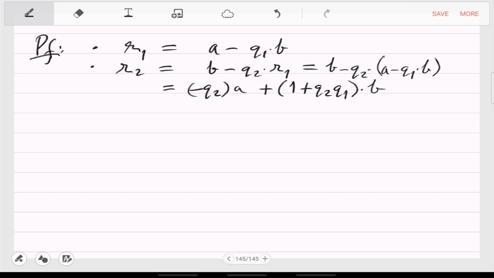And so on. So ultimately you will get that this RK by induction, that's the induction step. So formally you have to say this, that in the base case it's obvious, R1 is obvious, and then other RIs you assume that it's true up to RI and you show it for RI plus 1. So you ultimately get it for RK, this alpha A plus beta B.